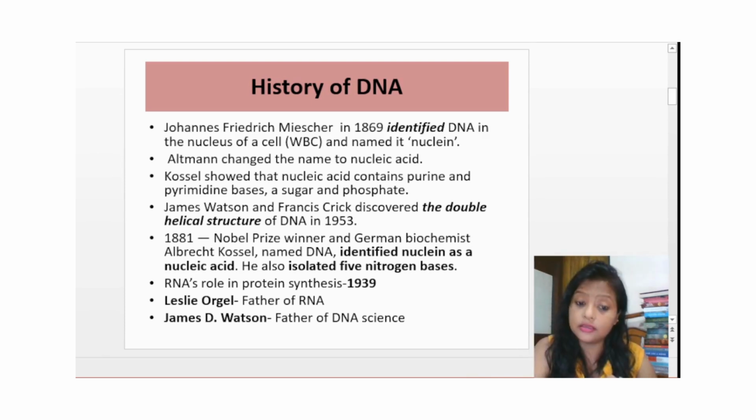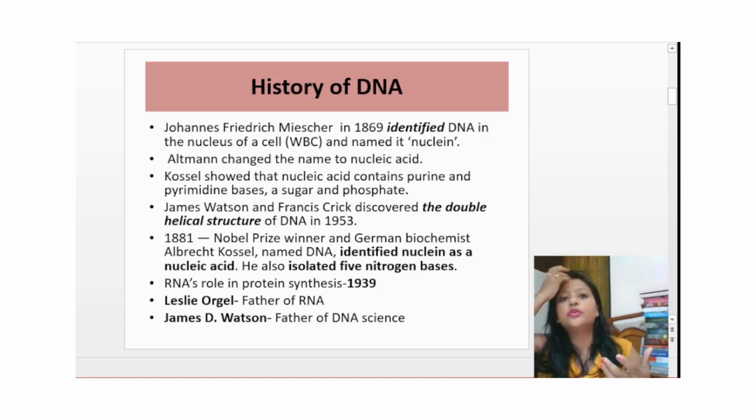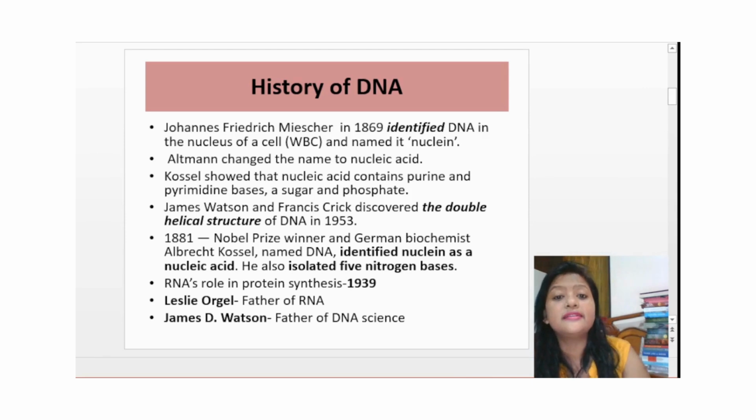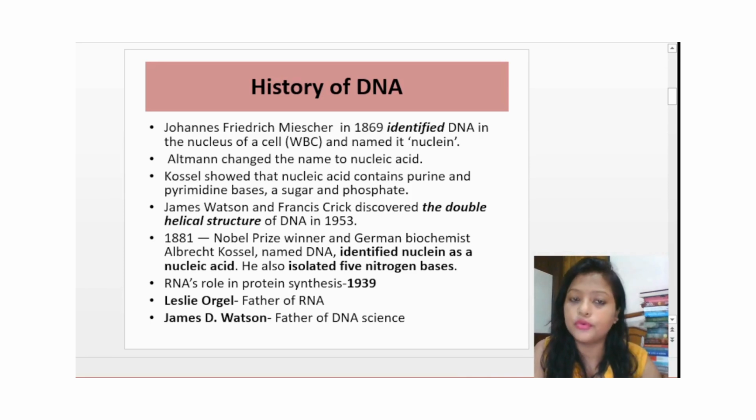Leslie Orgel is known as the father of RNA because he worked with RNA and told many things about RNA. Remember that. And Dr. James D. Watson is the father of DNA science. So this is all about DNA and RNA, which you should know.